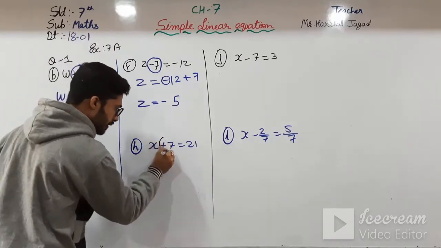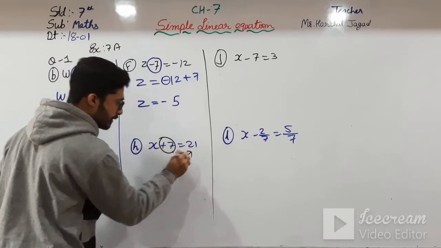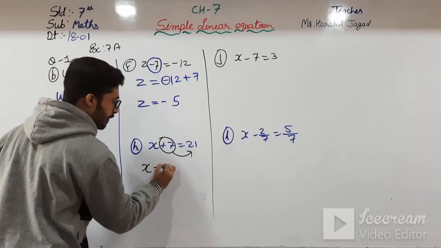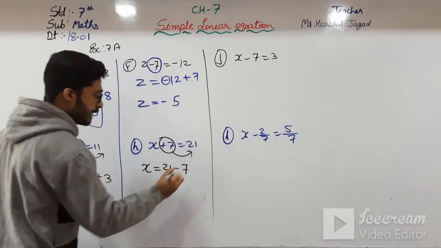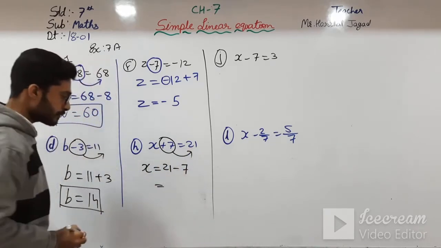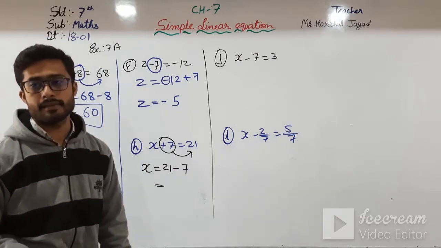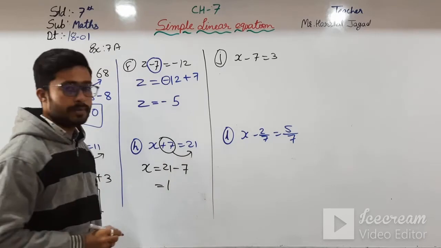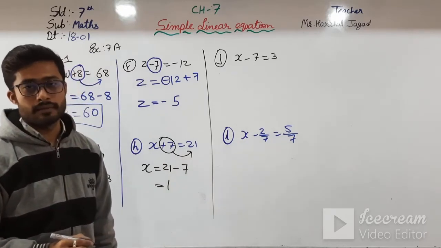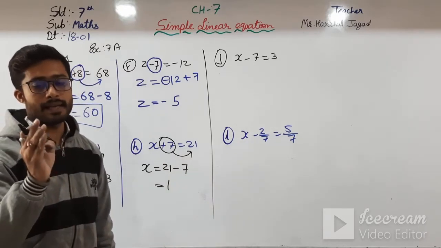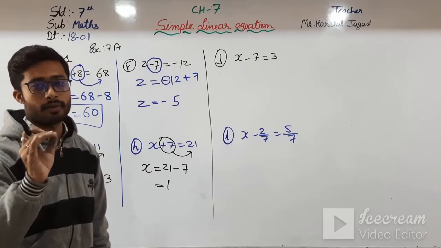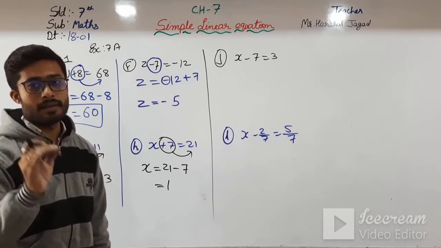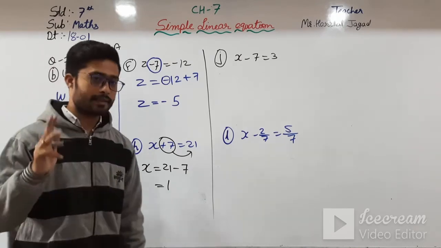Here it is plus, and when it moves toward this side, it will be 21 minus 7. So here 21 minus 7, that is, what will be there? 7, 8, 9, 10, 11, 12, 13, 14. 7 1s are 7, 7 2s are 14, 7 3s are 21.